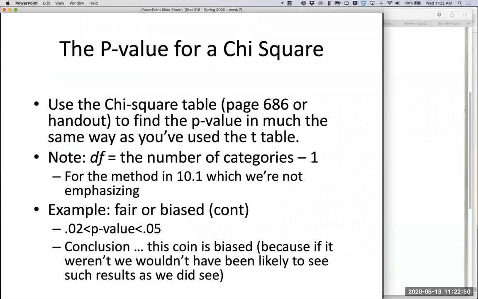But we got heads and tails here in chapter 9, section 4, 2 different categories, 2 different levels of the categorical variable, 2 different categories minus 1 gives us 1 degree of freedom. So 1 degree of freedom, and my chi-square value was, again, 4.